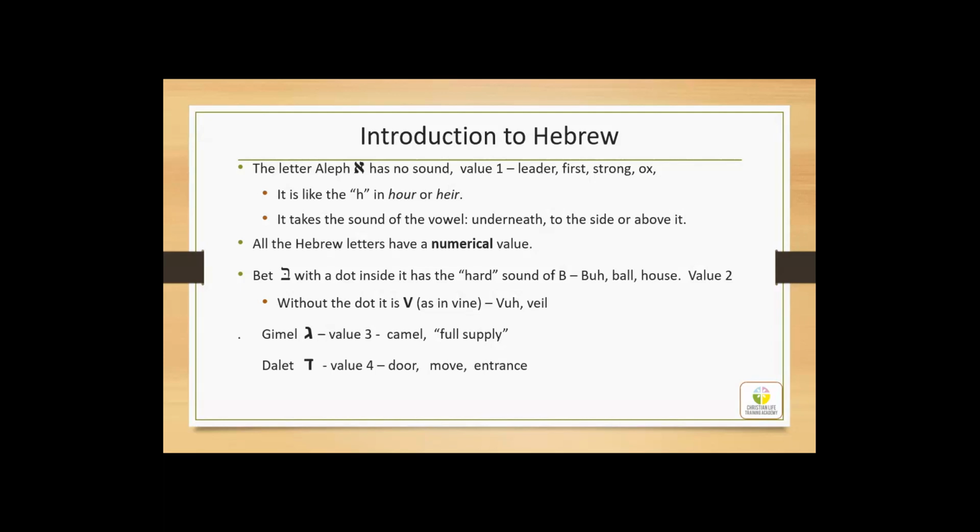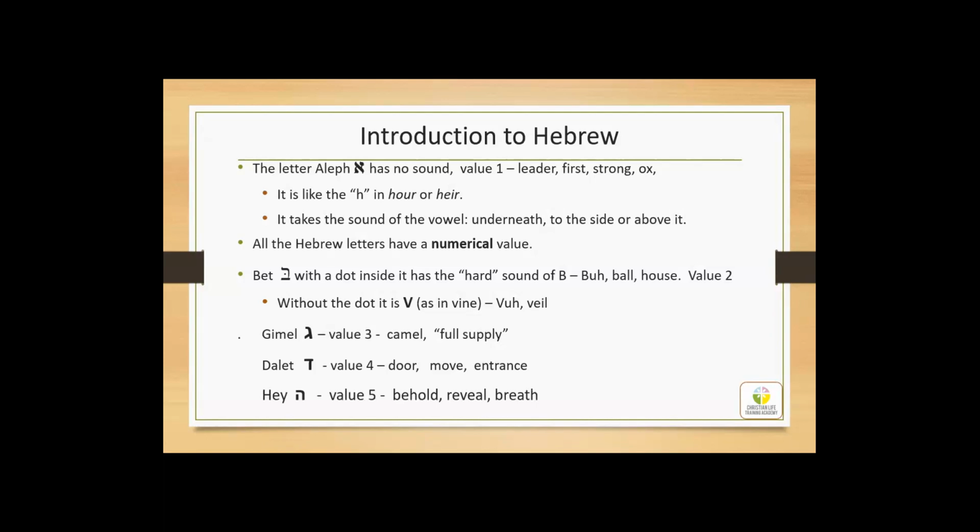Dalet's value is 4, and it applies to a door because the Dalet, there you see we just changed that one vowel to a Delet, then it is door. Move, entrance.